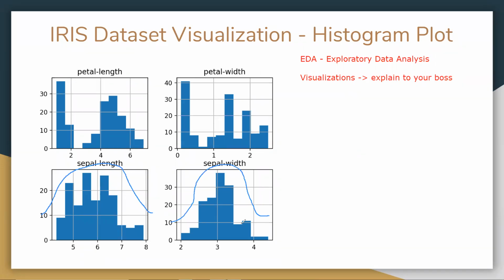If your data is projected in this fashion, this is called a Gaussian distribution. A typical example is you take the marks and the number of people who got them. The x-axis is marks, the y-axis is the number of people.